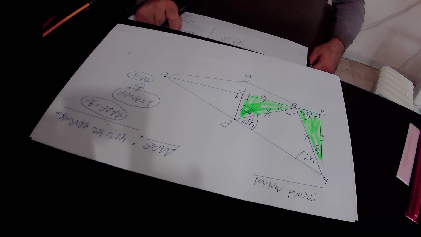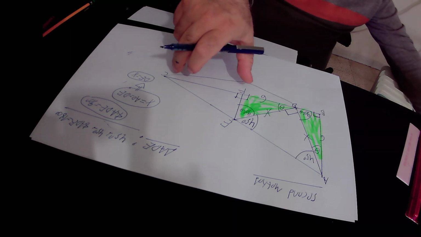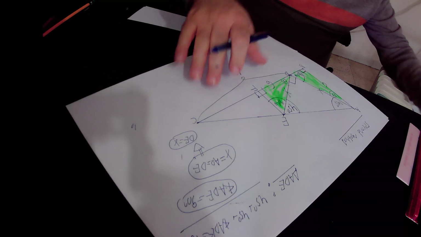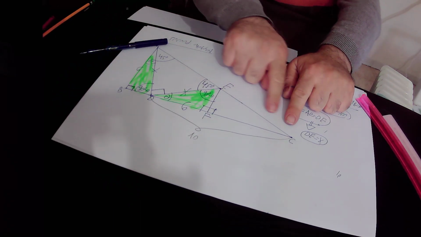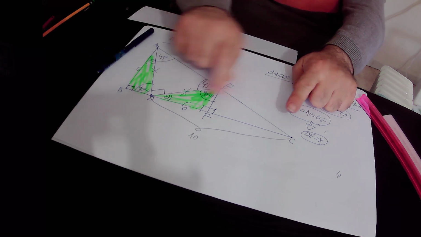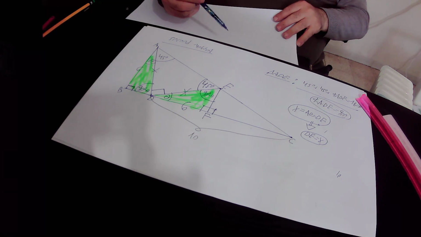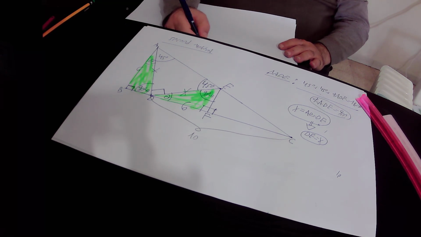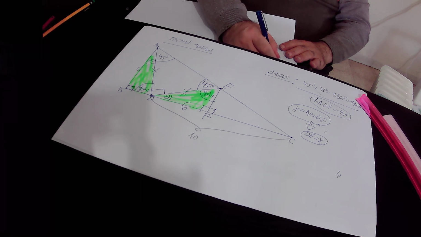And what is the value of line segment FC? It is very easy to see from the drawing that FC is equal to DC minus DF. I write it down: DC minus DF equals FC.